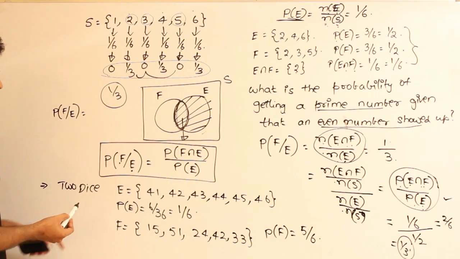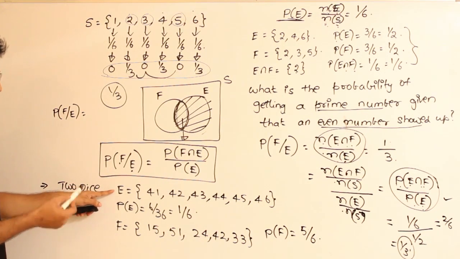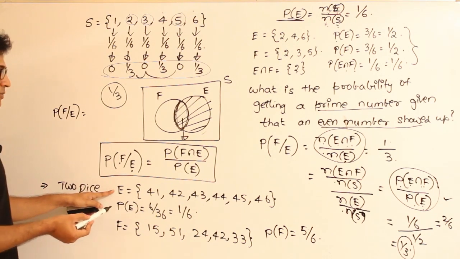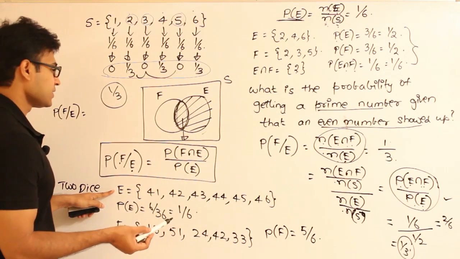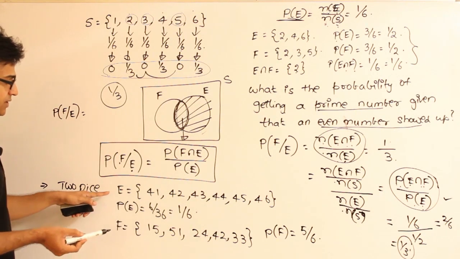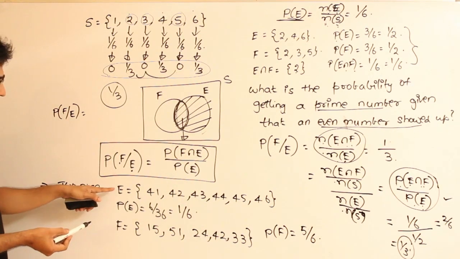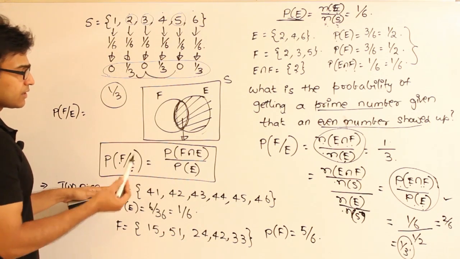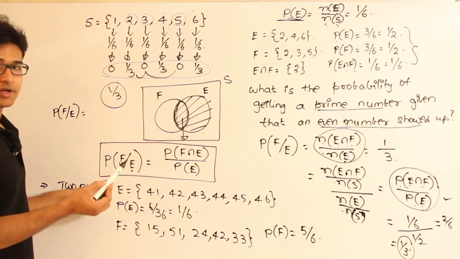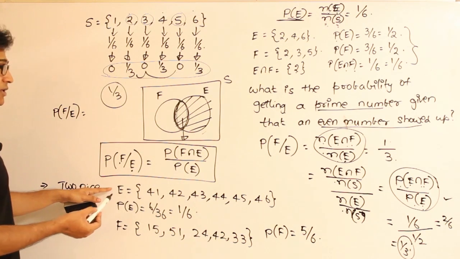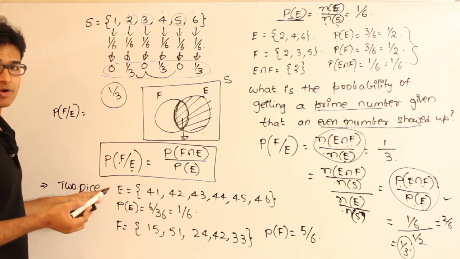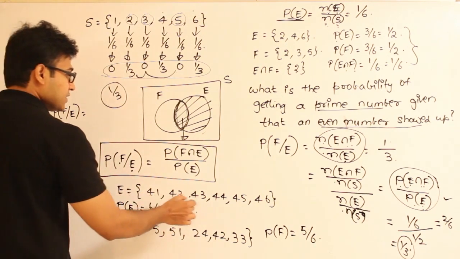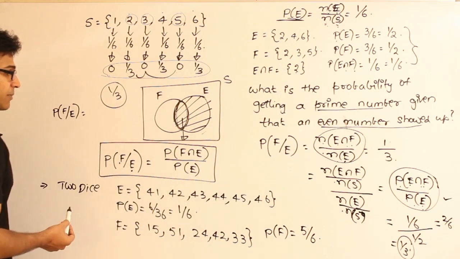In the original sample space there were 36 elements, each with a probability of 1 by 36. Now the condition has been applied: the first die has turned up to be 4. So the remaining 30 elements will take the probability 0, and these 6 elements are equally likely to happen. Why?